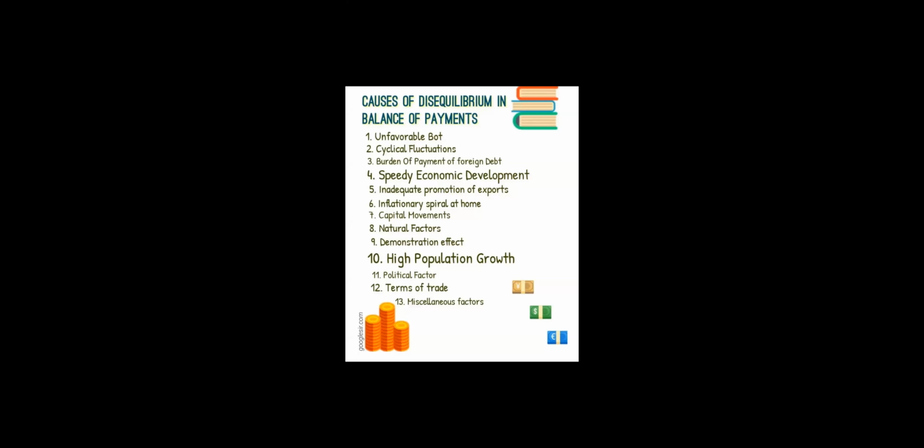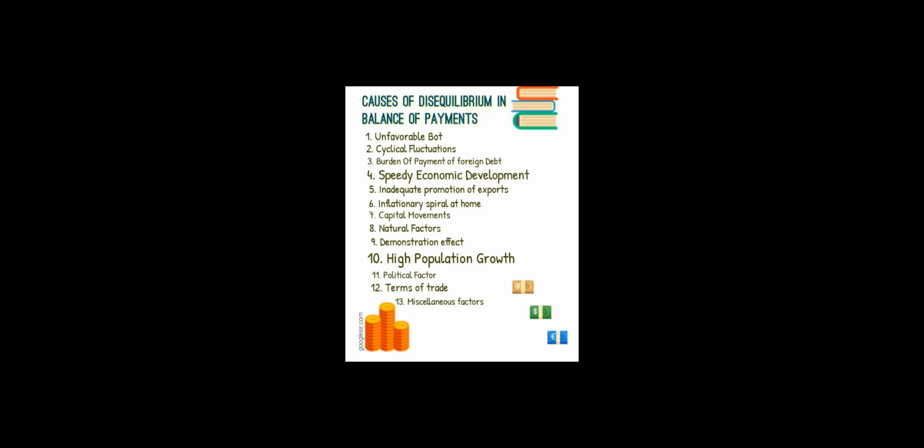Now we were talking about the causes. I told you that this disequilibrium in a country's balance of payment position arises either for a short period or for a long period. The balance of payment is more comprehensive in scope and covers the total debits and credits of all the items, visible as well as invisible.